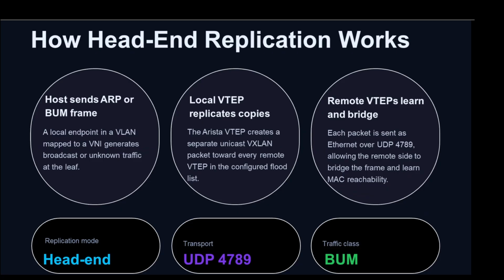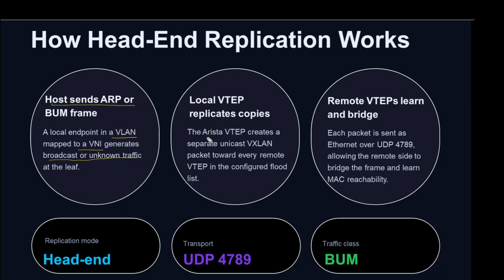So let's have a quick discussion on how head-end replication works in case of VXLAN static flood lists. From a traffic point of view, the source sends an ARP request. The local VTEP, which has the VLANs mapped to a VNI, or VXLAN network identifier, will generate broadcast or unknown traffic.